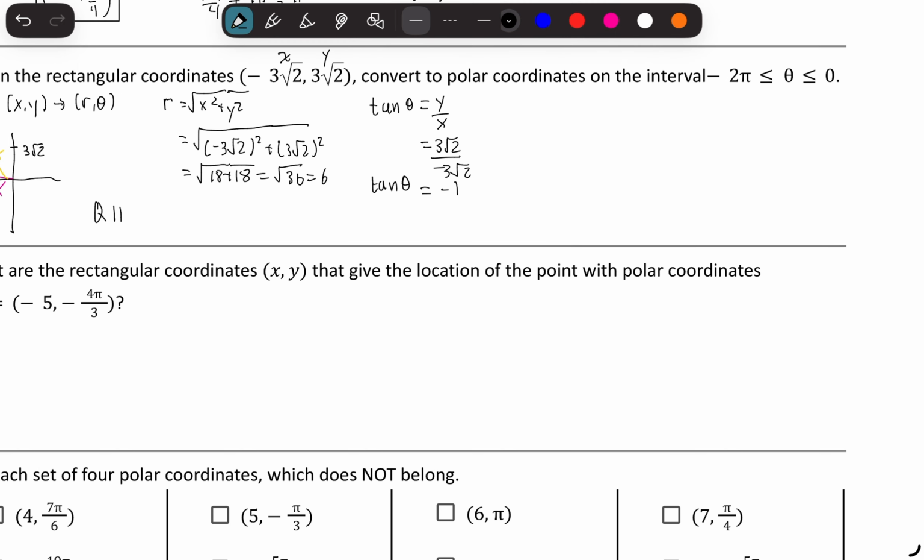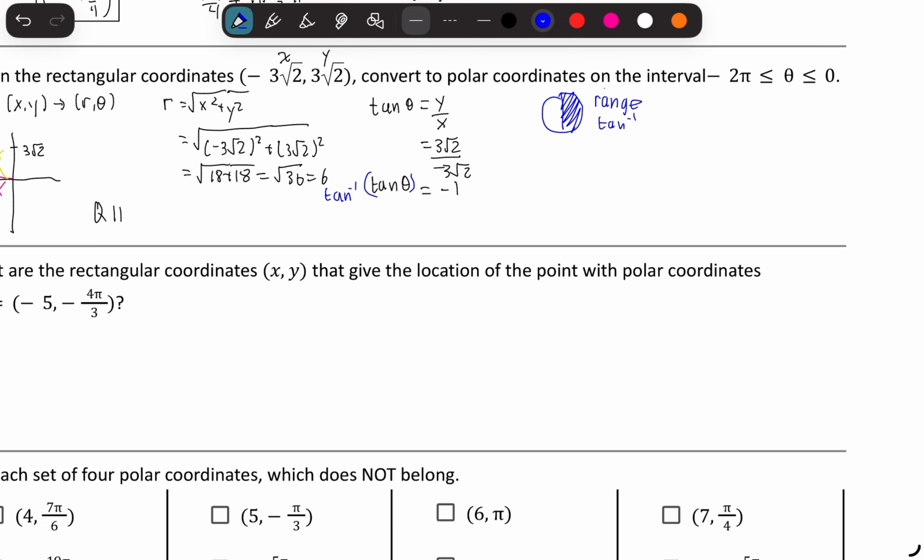So we can decipher that our theta can be found by taking the inverse tan of both sides. And note that inverse tan has a range from this half of the unit circle. So that is from 0 to pi over 2, and also from 3 pi over 2 to 2 pi.